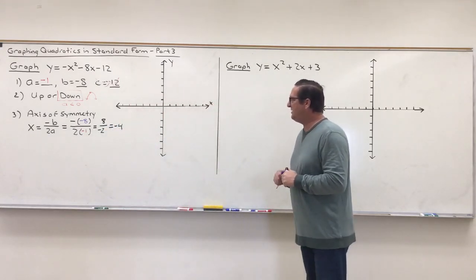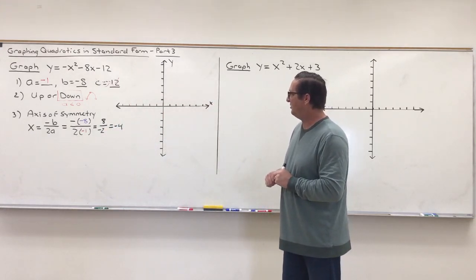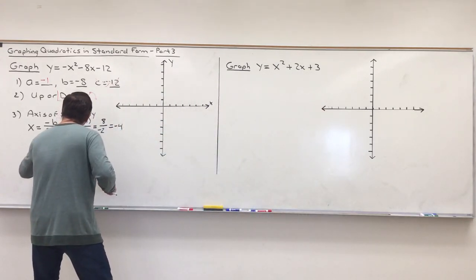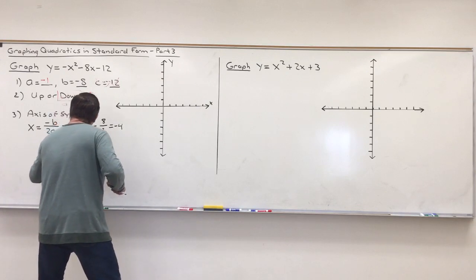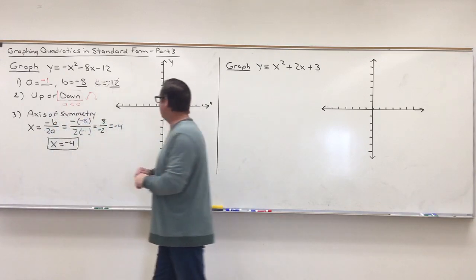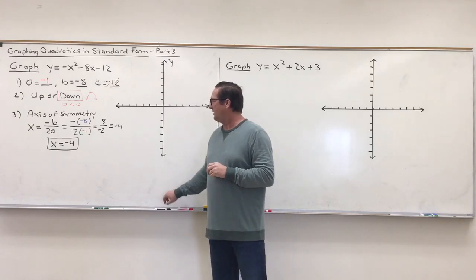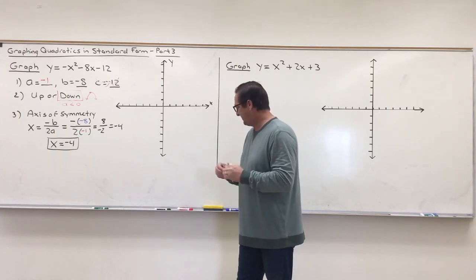So we get a positive 8 over -2. Our axis of symmetry is x equals -4. Okay? X equals -4.